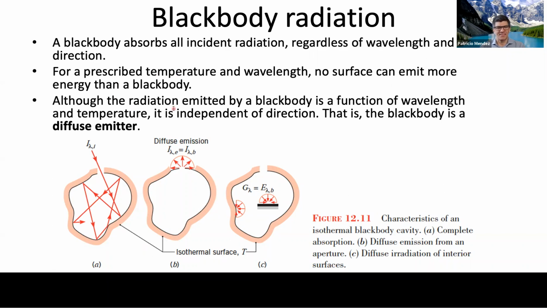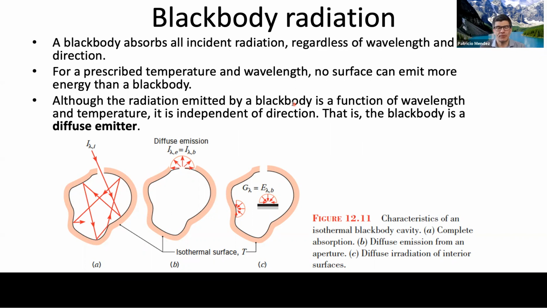Another important thing about the black body is that it is a diffuse emitter. A diffuse emitter, as we saw, is exactly the opposite of a mirror. Instead of emitting just in one direction, this emits in all directions with the same intensity, right?